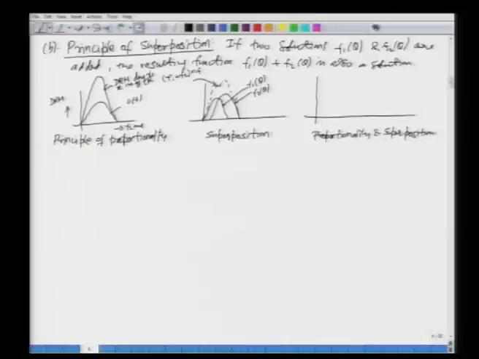Okay. This was F1 plus F2 due to 1 centimeter of rainfall, but we may have a situation where, let us say, this is 3 centimeters of rainfall, and this produces some response. After some time, you have, let us say, 2 centimeters of rainfall occurring, and that produces another response. All right.